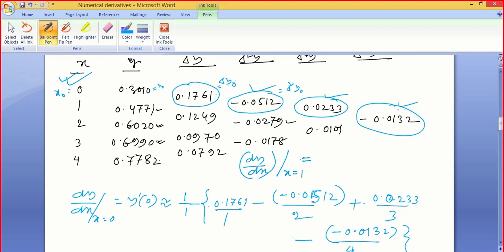Same formula you have to use, outside 1 by h. Associated with 1, the upper diagonal elements are now these. Only these 3 elements will be helpful to create your formula.